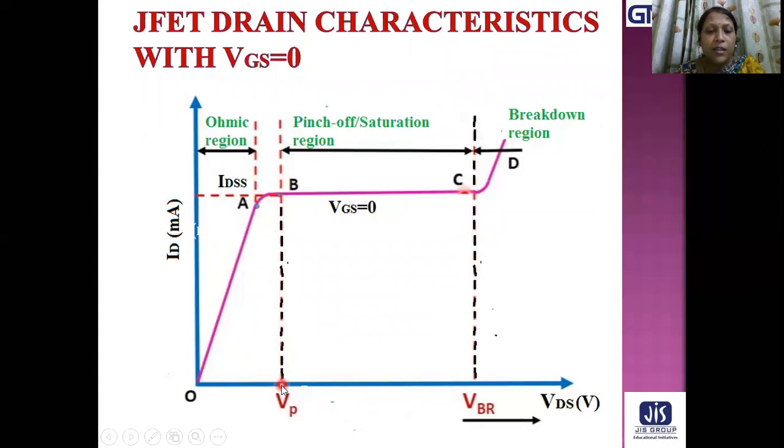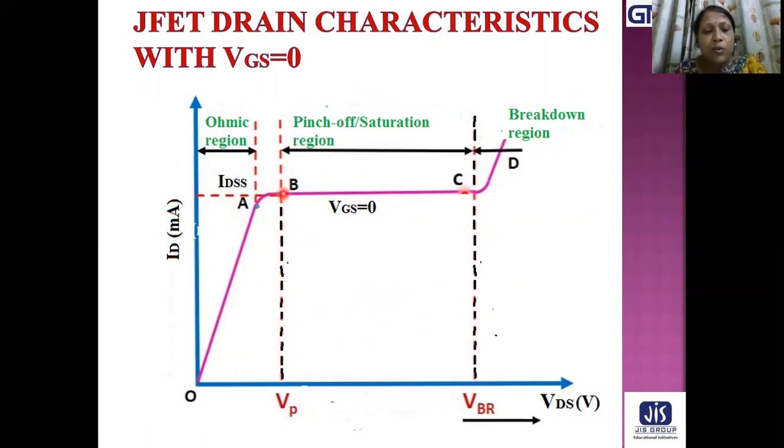Here we can see that is BP. This progressive fall in the rate of increase of ID is caused by the square law increase in depletion region at each gate up to point P, where the two depletion regions are closest, but not touching each other.